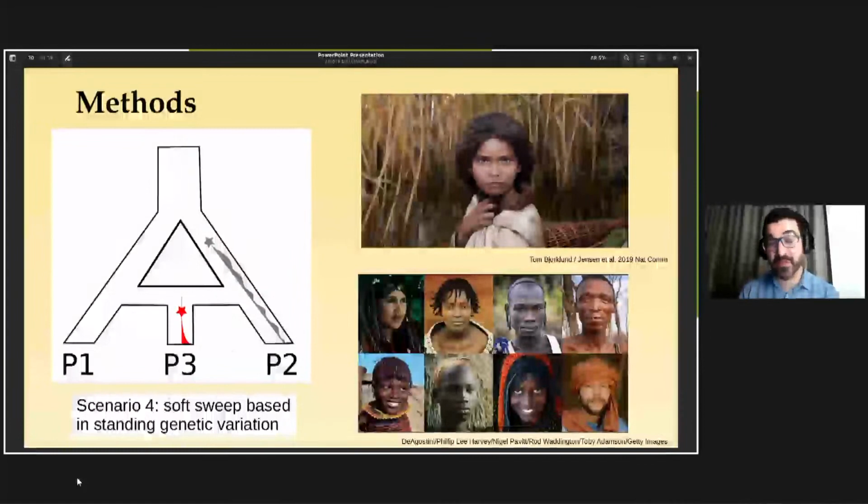This would be a scenario based on standing genetic variation, so this would be a neutral mutation that would fluctuate randomly in the population through genetic drift until after a certain change it could become beneficial.